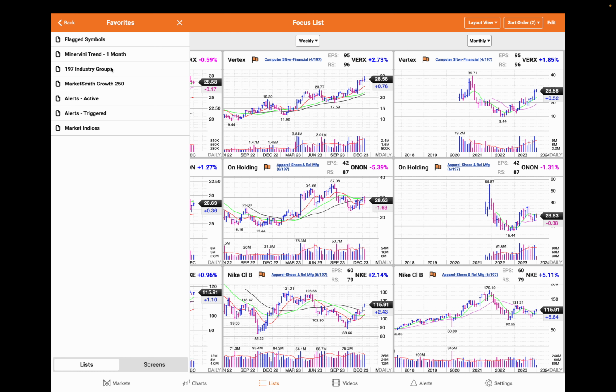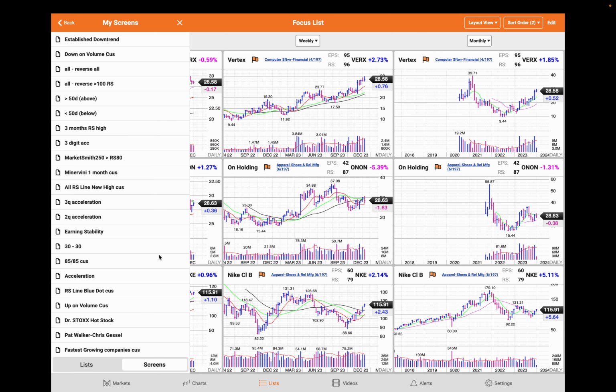This is an industry group ranking, and this is a MarketSmith Growth 250, and I have a bunch of other screens.